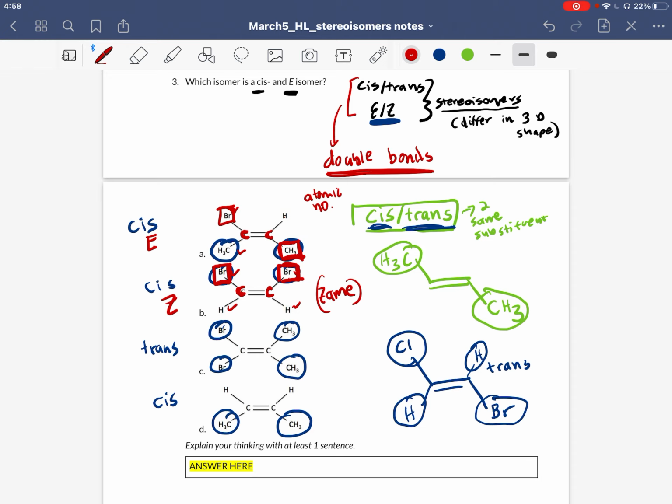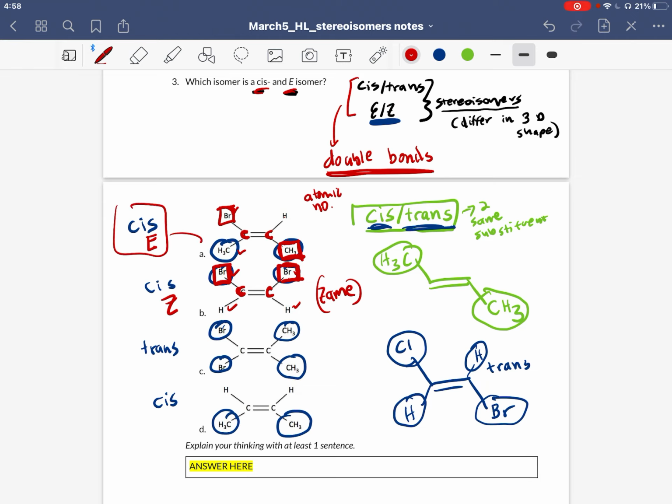This is Z. So we see that cis-trans and EZ don't necessarily line up. By which I mean to say if I have cis, that does not always mean that I have E or always mean that I have Z. You need to figure these out separately.